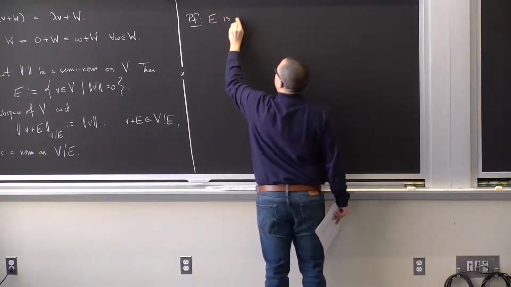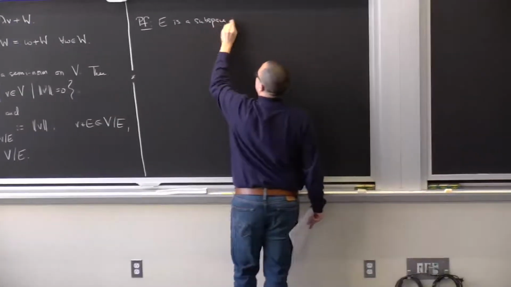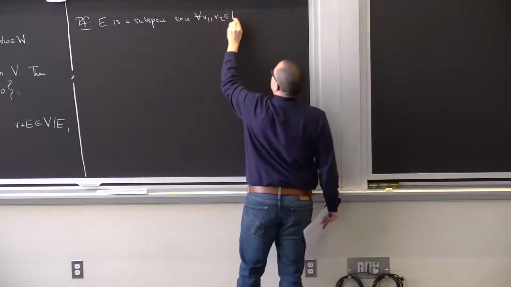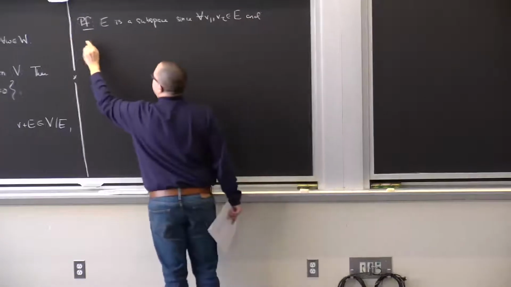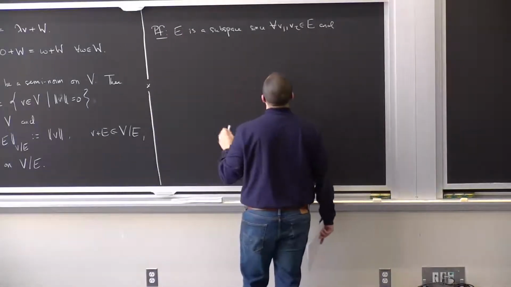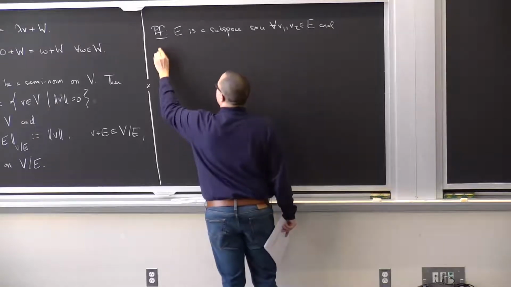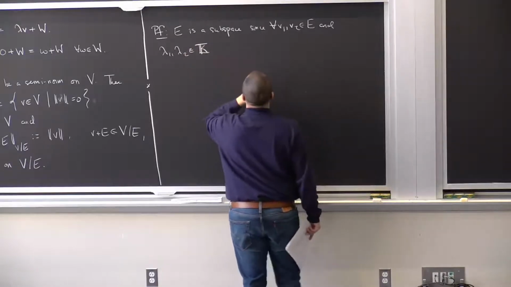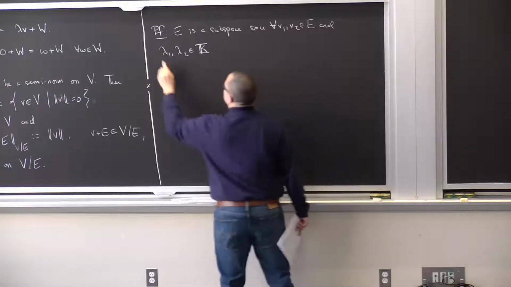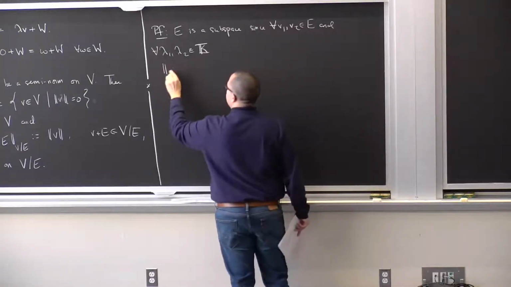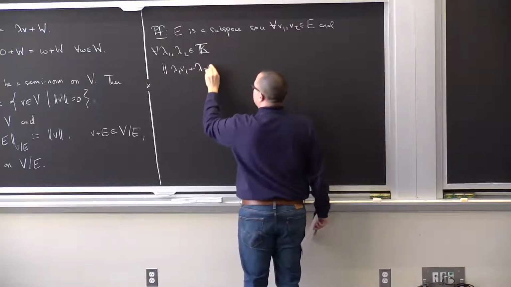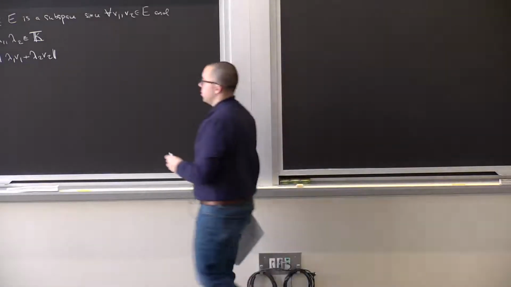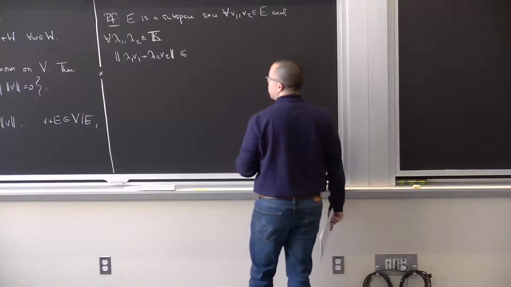Well, if I take two elements in this space of elements that have zero seminorm and two scalars, and if I take the seminorm of the linear combination formed, I want to show this is equal to 0, and this follows essentially by homogeneity and the triangle inequality.